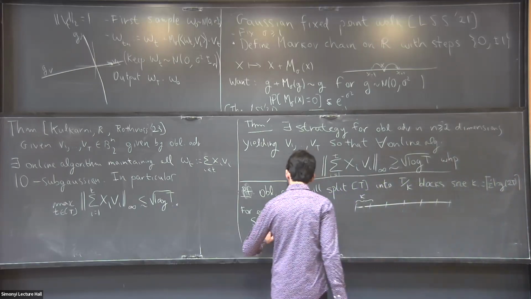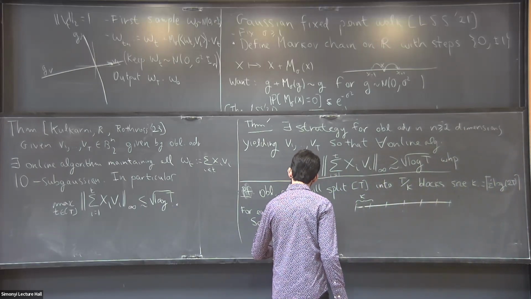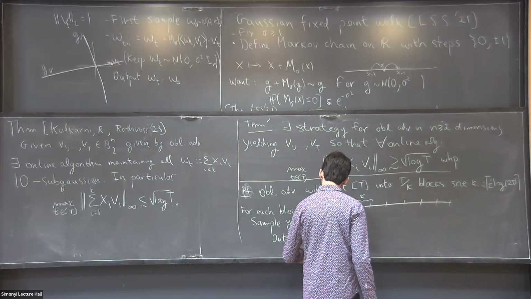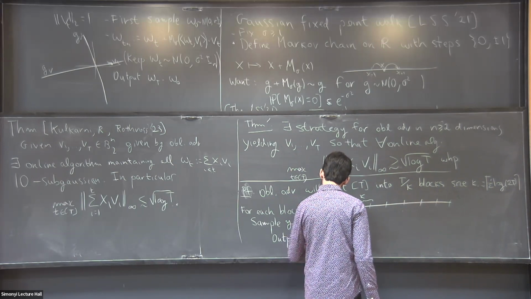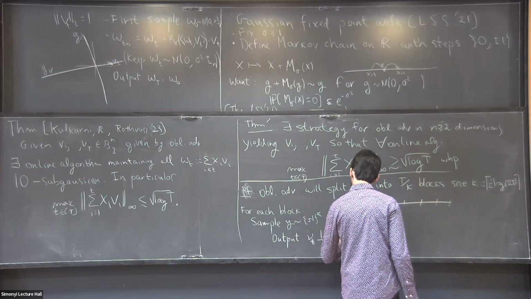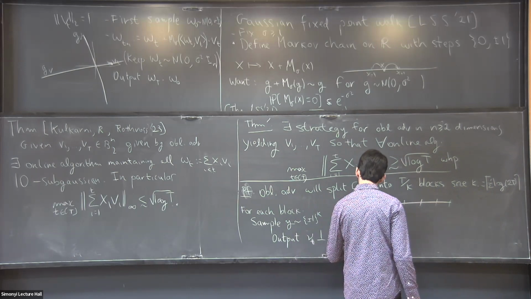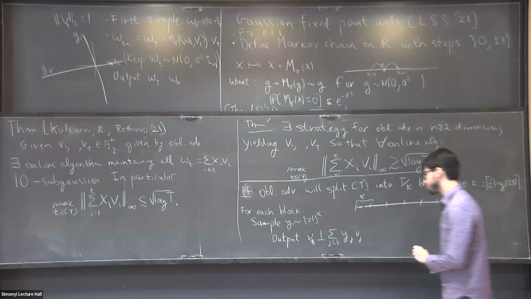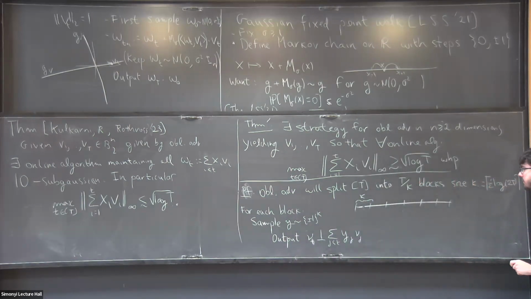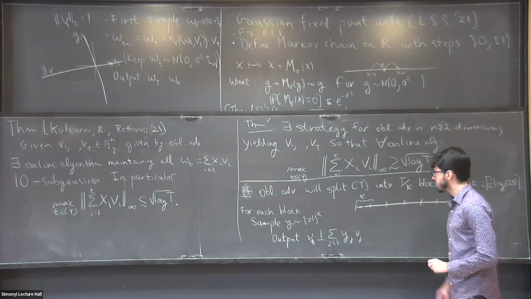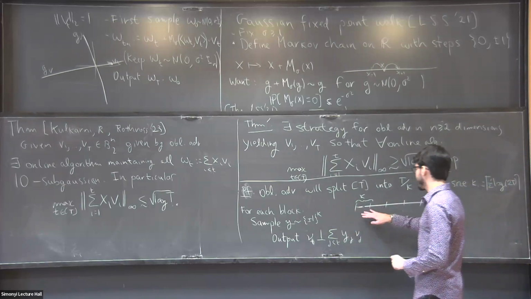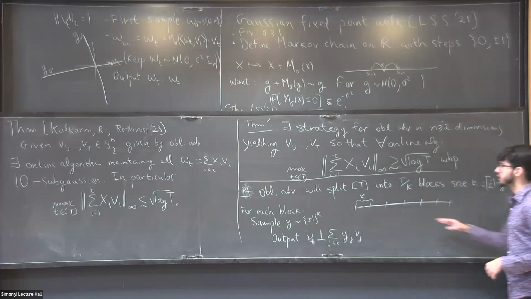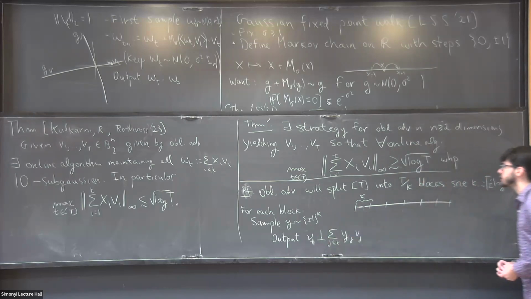And the vectors I output, I will output some vector v_t that's perpendicular to some of the previous ones. So this happens for every block, and then when a new block starts, it just goes over from the beginning. It samples a new set of signs and outputs the same thing.